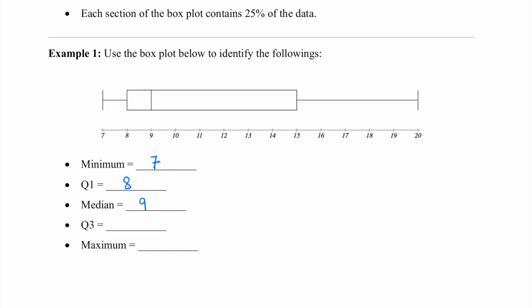Next, we find Q3. Q3 is the right edge of the box. Looking at the graph, Q3 is 15. Finally, the maximum is located at the far right end of the whisker. That value is 20.